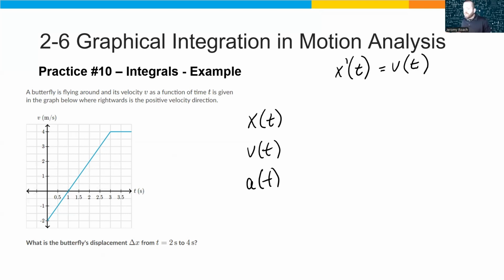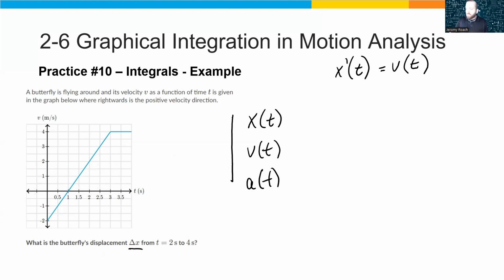But we can go the other way around with the integral. So it goes in the opposite direction. Here we have velocity and time. And if we find the integral of the velocity time graph, now we can understand what the displacement is. So we're going in the other direction.